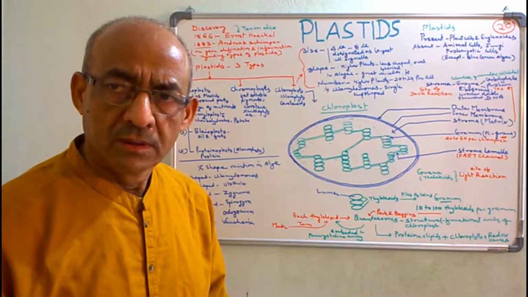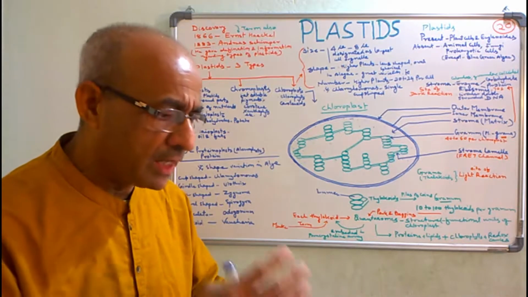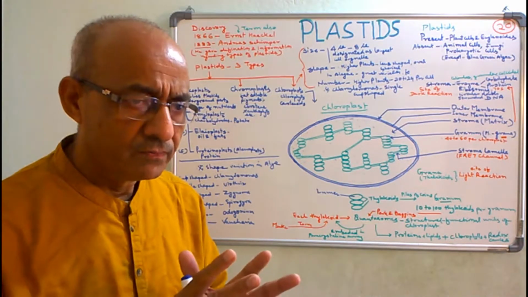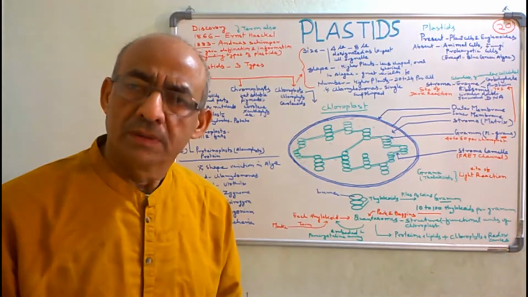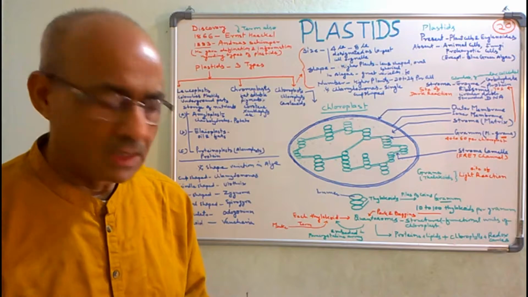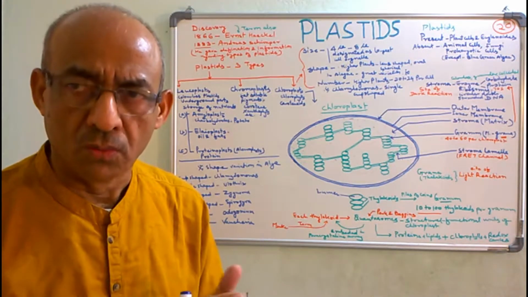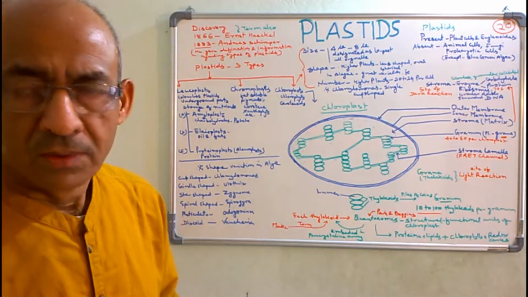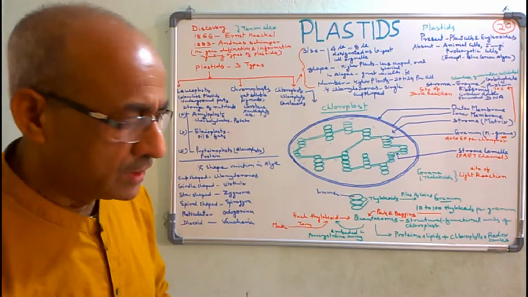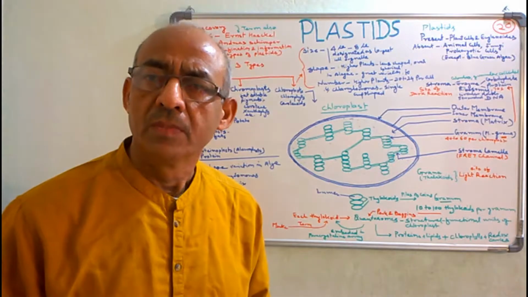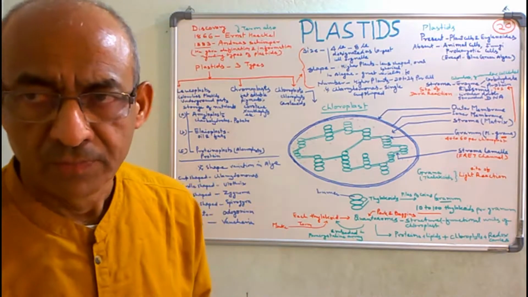But normally the thylakoids are not found in free condition. All the thylakoids are found in clusters. They are stacked just like piles of coins.